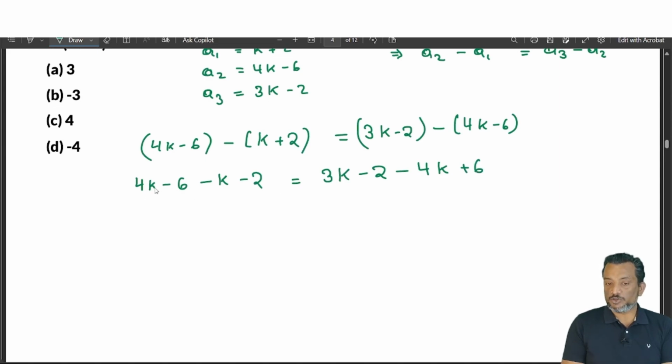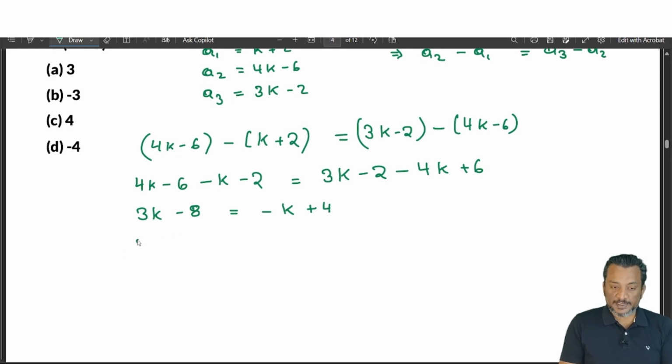Now first solve the LHS, like terms you can add, and same with RHS also. So 4k minus k, you will get 3k, and minus 6 and minus 2, you will get minus 8. Same with the right side, 3k minus 4k, you get minus k, and minus 2 plus 6, we will get plus 4. Now bring all the variables to one side.